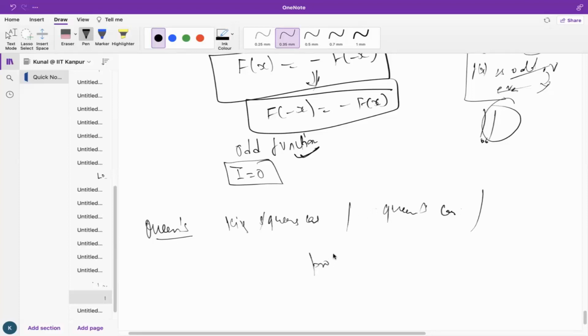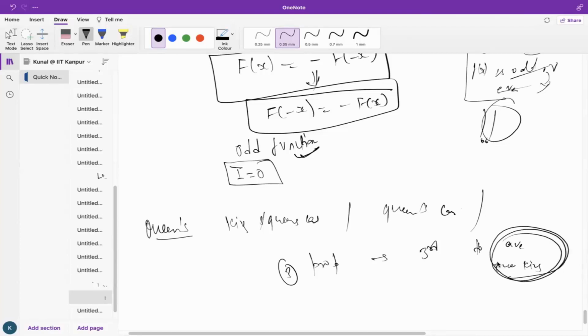Then the third property, which is the even odd rule, and how to implement the even odd rule with Queen's rule and King's rule consecutively.